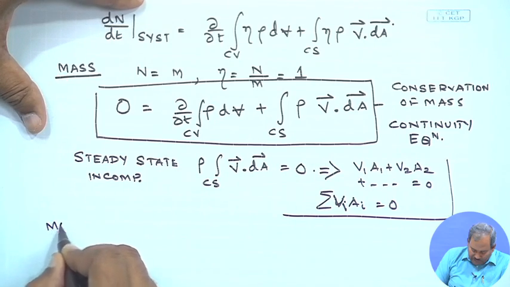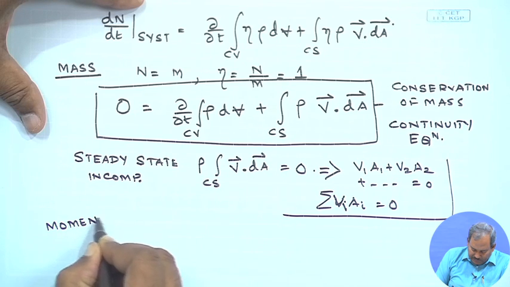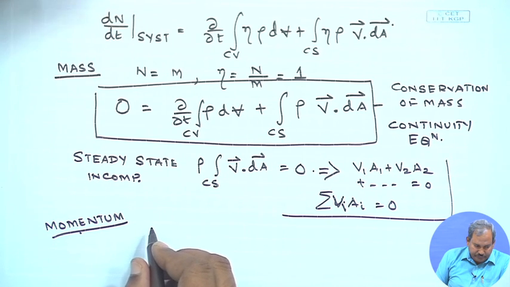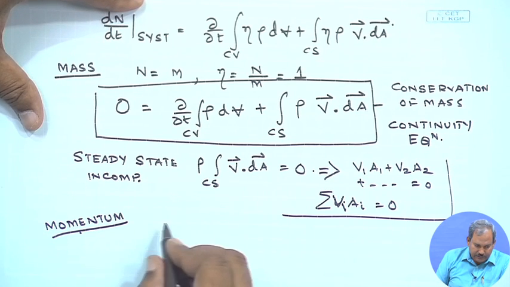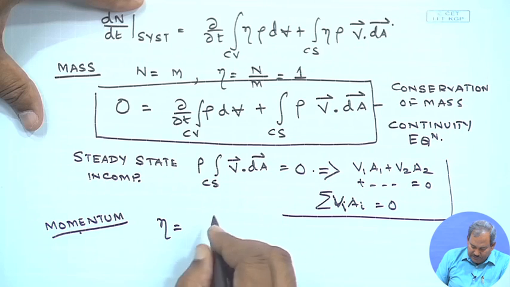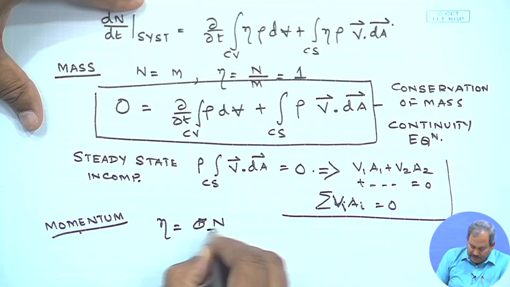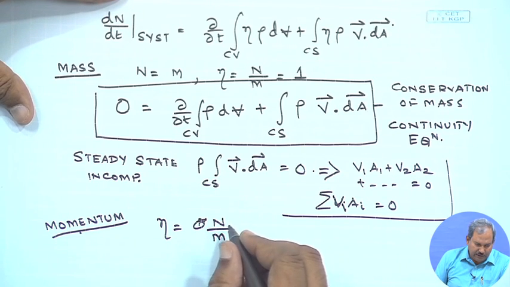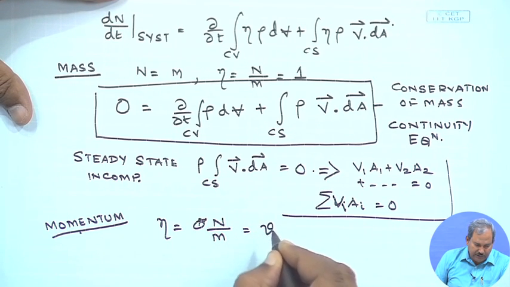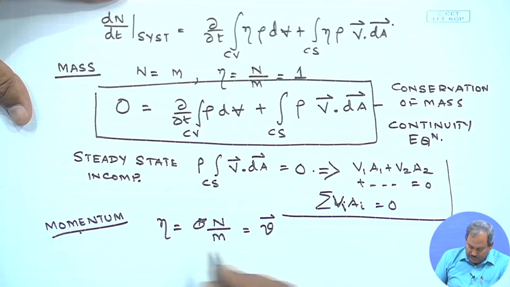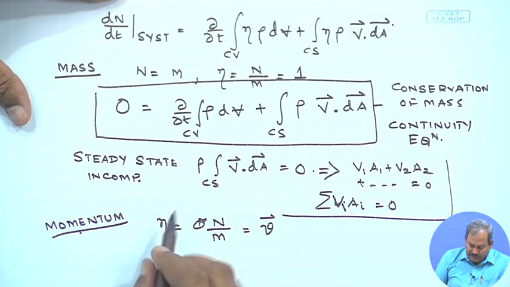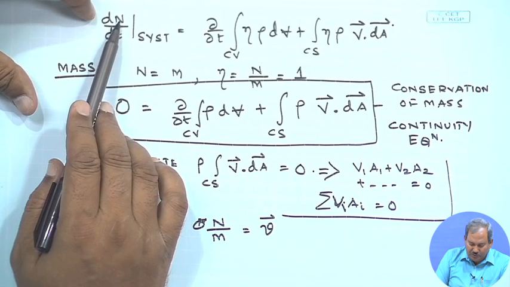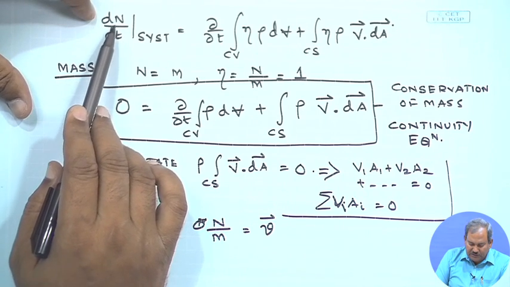So, if I write this equation for momentum, eta would simply be equal to extensive property per unit mass. So, this is going to be equal to the velocity, okay, and what is going to be the left hand side? It's d dt of momentum, the time rate of change of momentum.